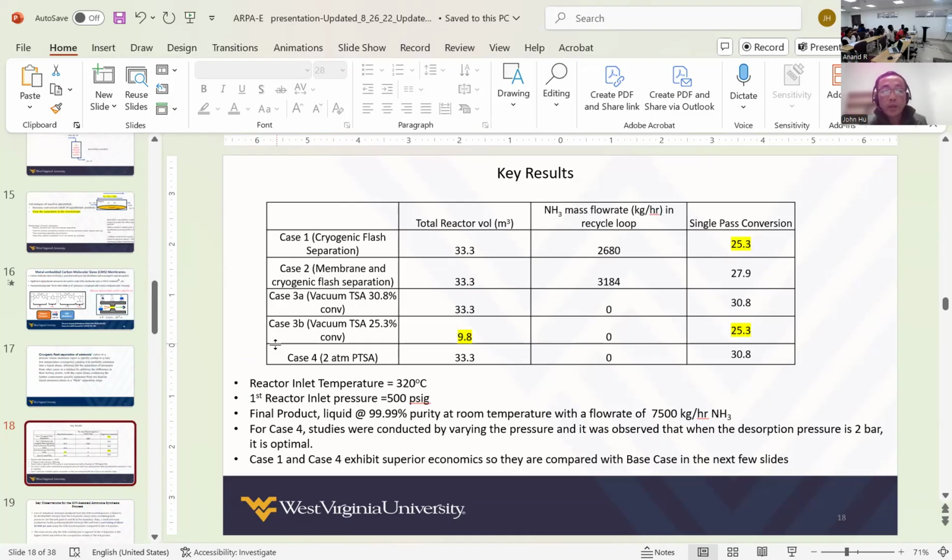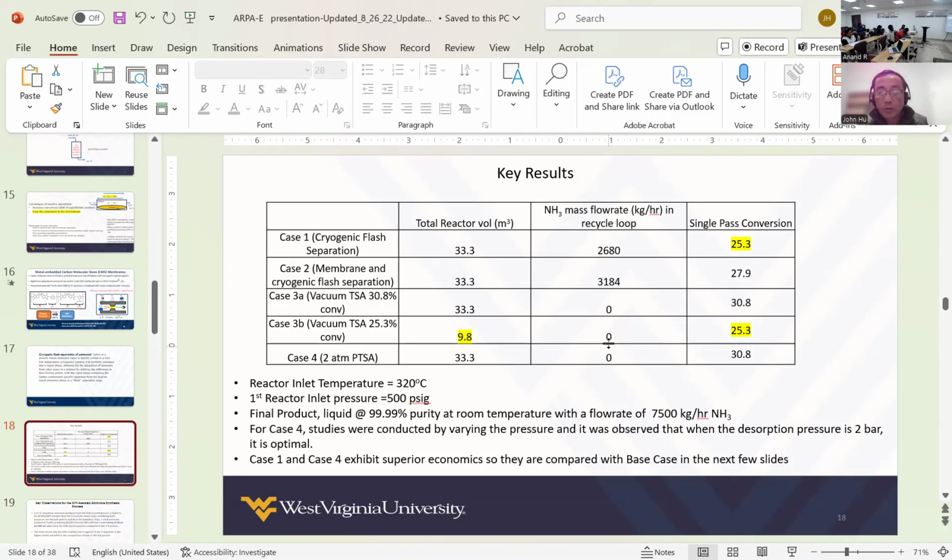So then case 3B is vacuum TSA, and case 4 is the little bit of pressure PSA. And if you look at the total reactor volume, all this yellow highlight is the condition. So this is one of the results we got from all this simulation, and then we have the ammonia mass flow.